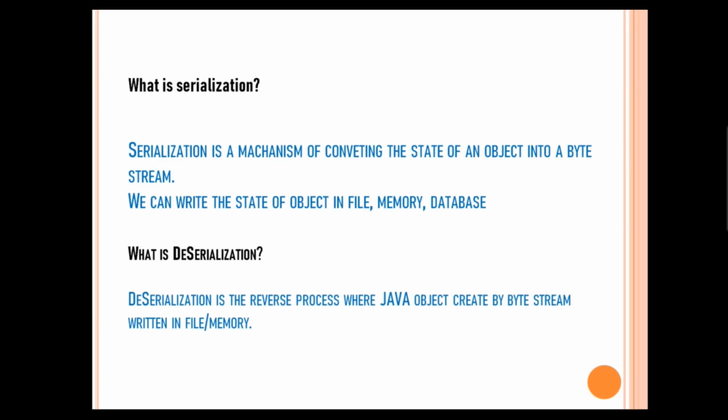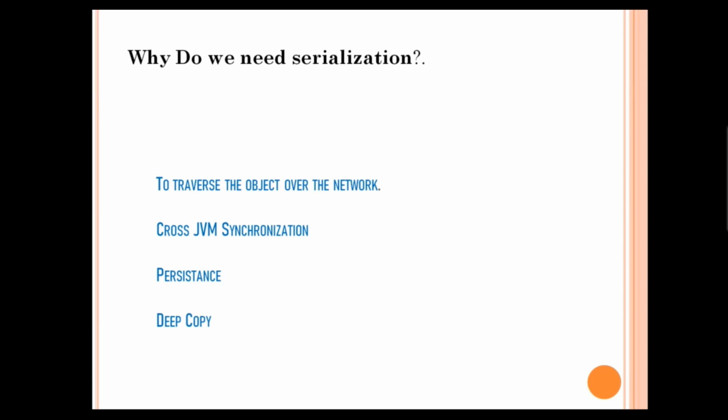Let me show you how we can serialize a Java object and how we can deserialize the same object. But before that, let's discuss a few points, like why do we need serialization? There are some reasons. One is to traverse the object over the network.